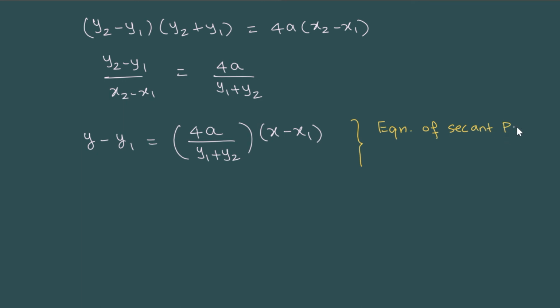Now, if I want the equation of the tangent line, all I have to do is take this y2 and substitute y1 in its place. So we can say y2 is almost y1, right? In that case, I will get the equation of the tangent. So what is the equation of the tangent here?